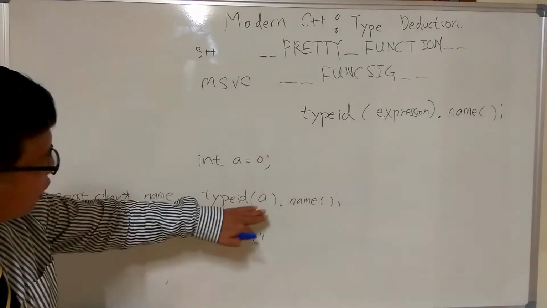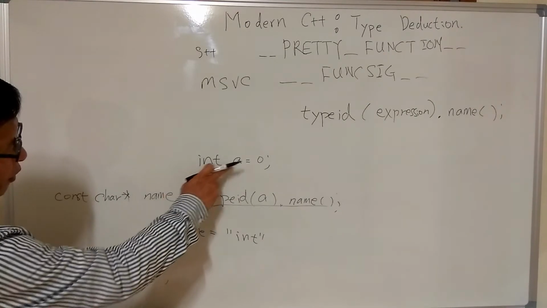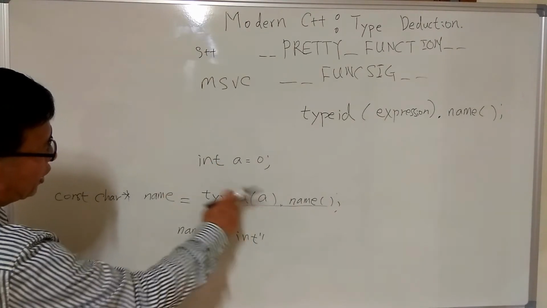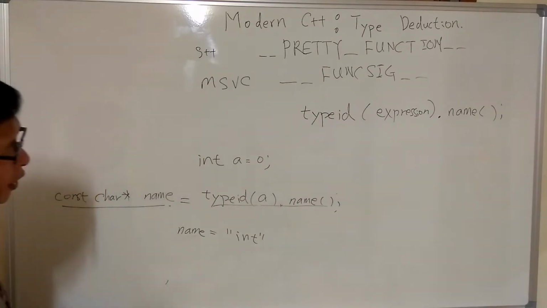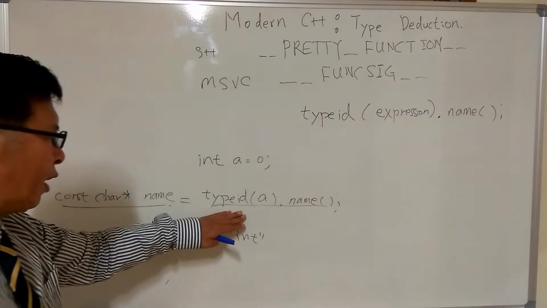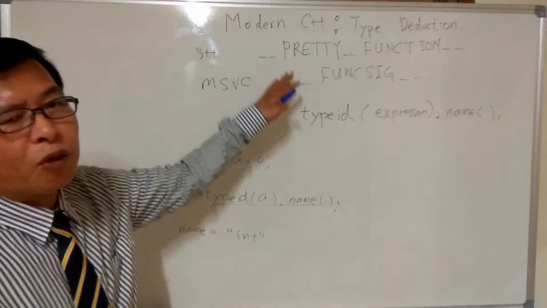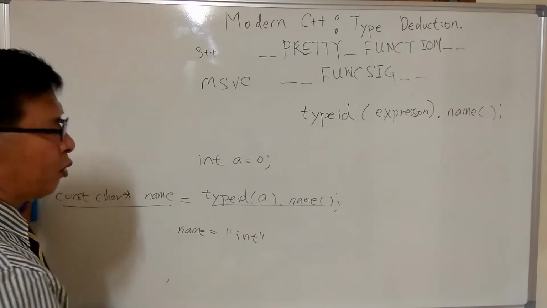So using this expression, we can get the type of the expression as a character string. This can be very handy when you do C++ metaprogramming. This feature can be very useful when you're debugging.